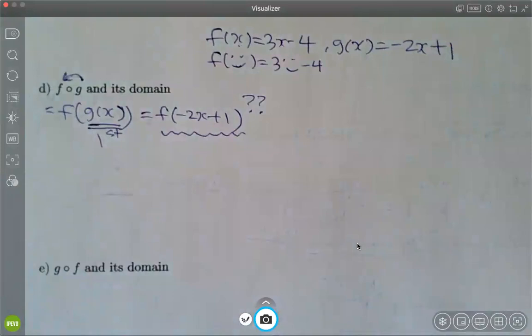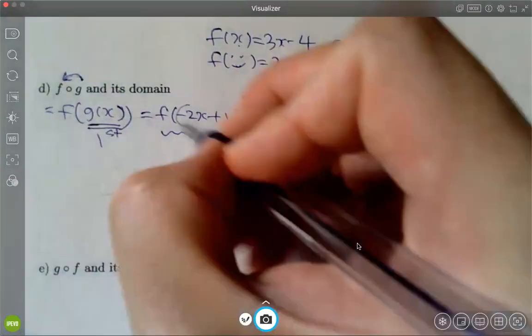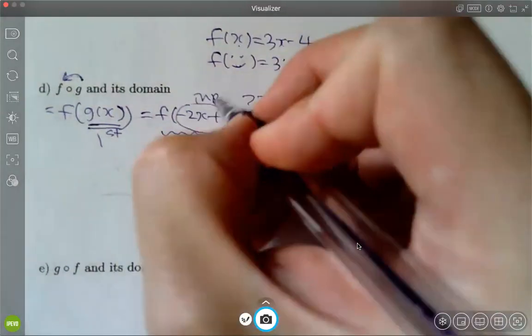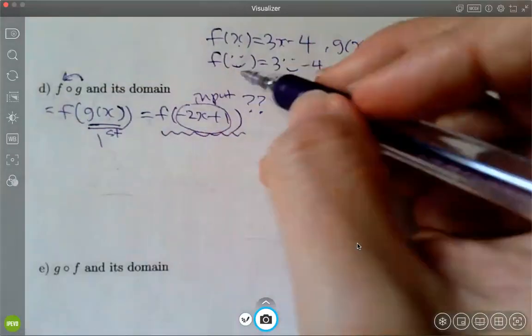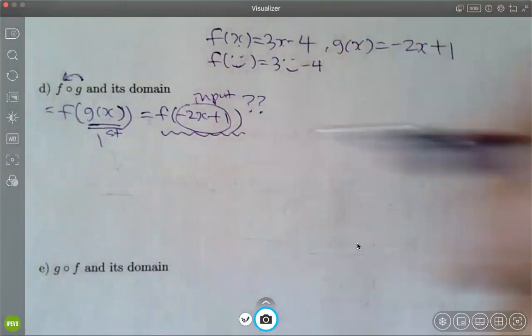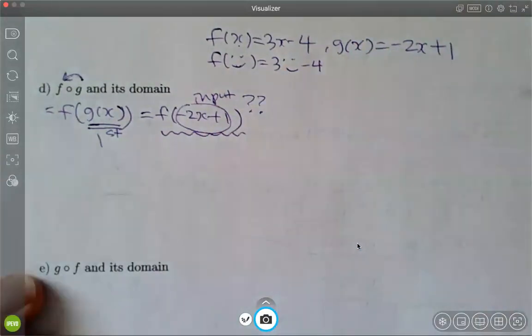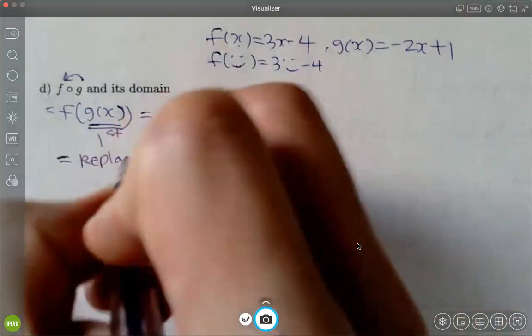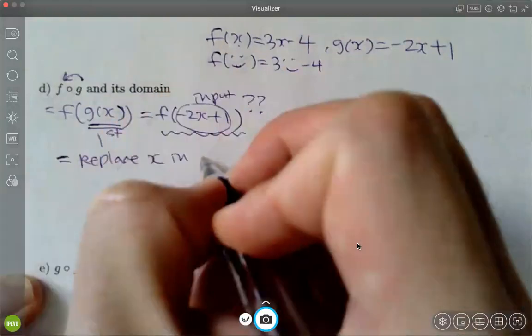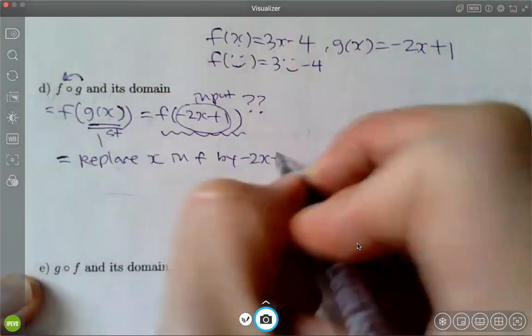Don't we plug the whole quantity in? So do you see that? That entire thing is the input, right? So replace that x, or smiley face, whatever, by negative 2x plus 1, right? Okay. So this means we replace x in f by negative 2x plus 1.